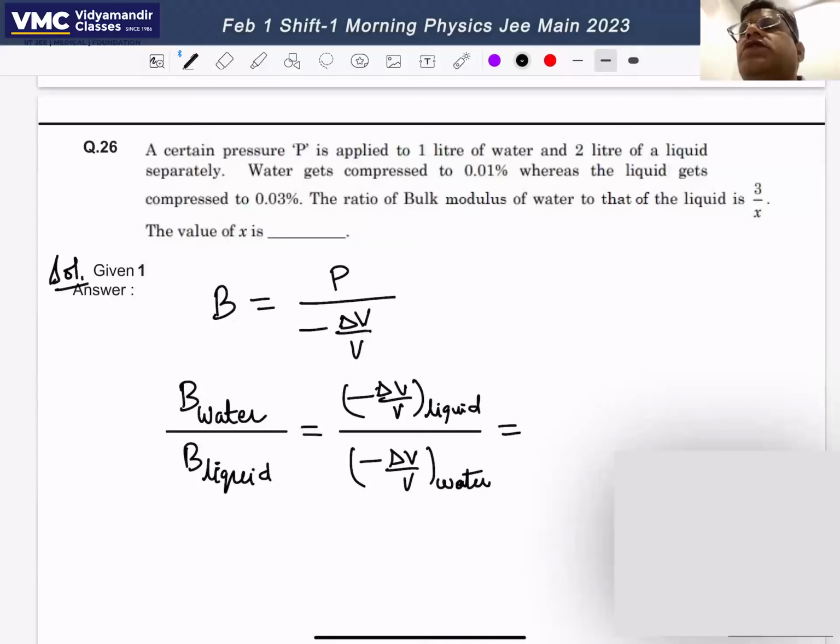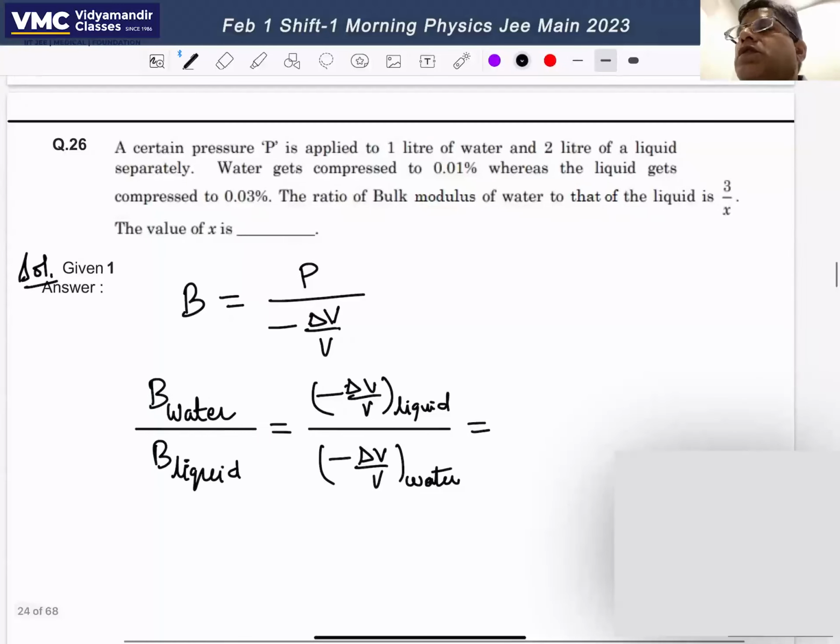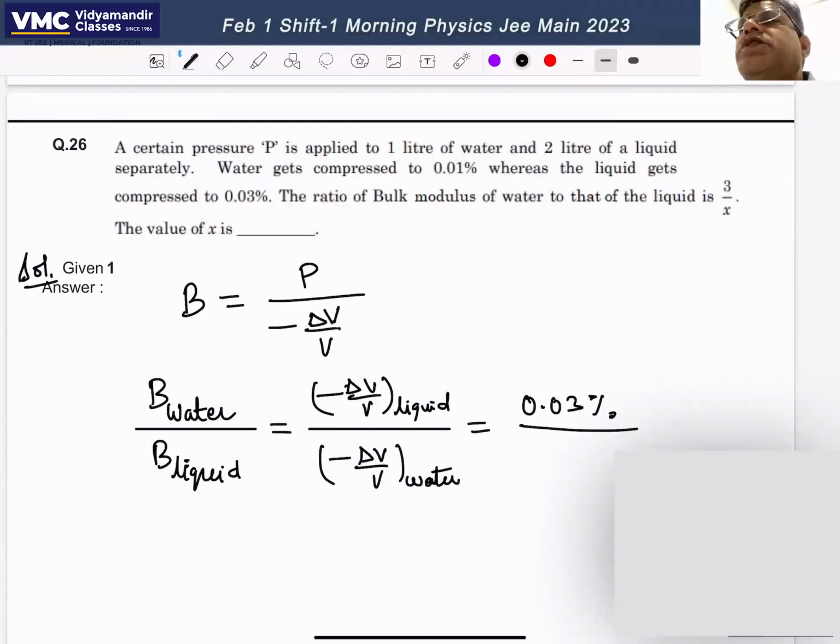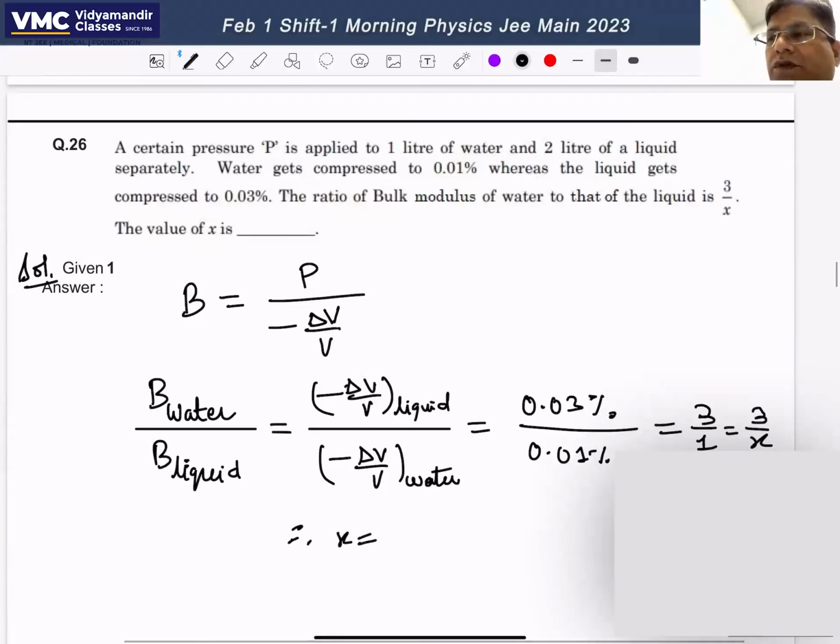The volumetric strain of liquid is given as 0.03%, and the volumetric strain of water is given as 0.01%. So this ratio comes out 3:1, that is 3 by x. So from here x comes out 1. So the answer is 1.